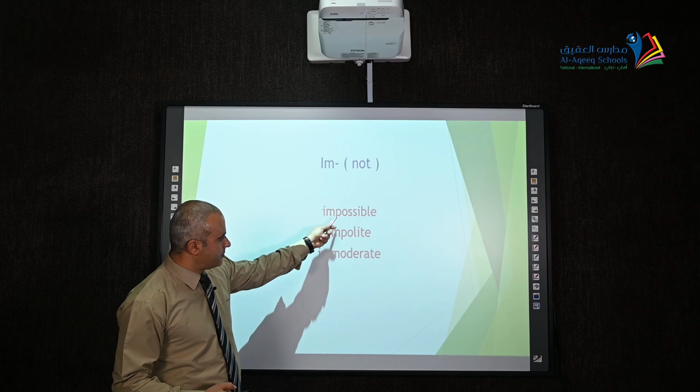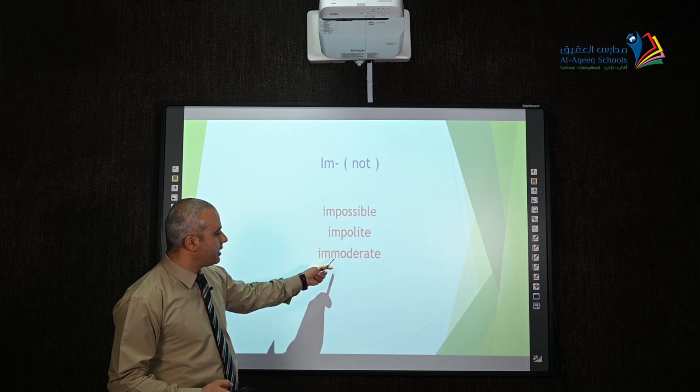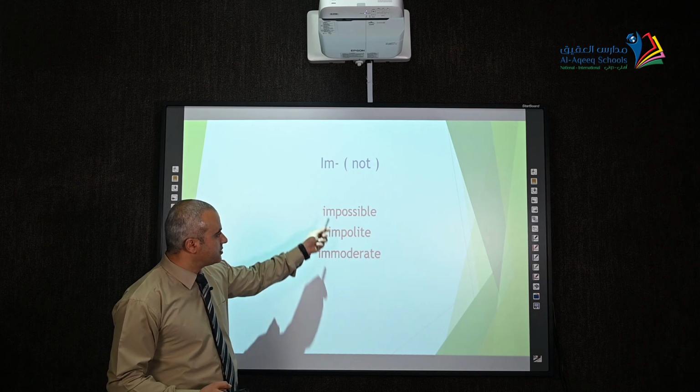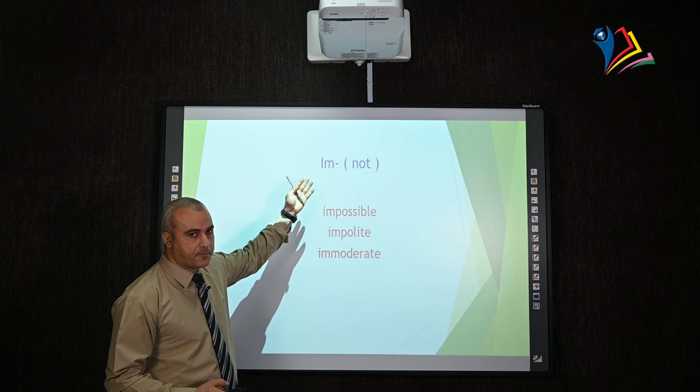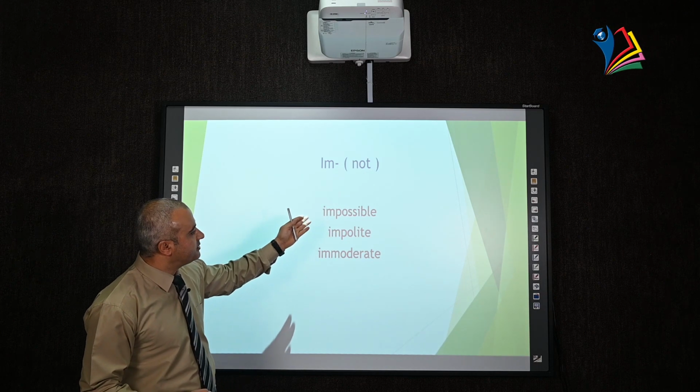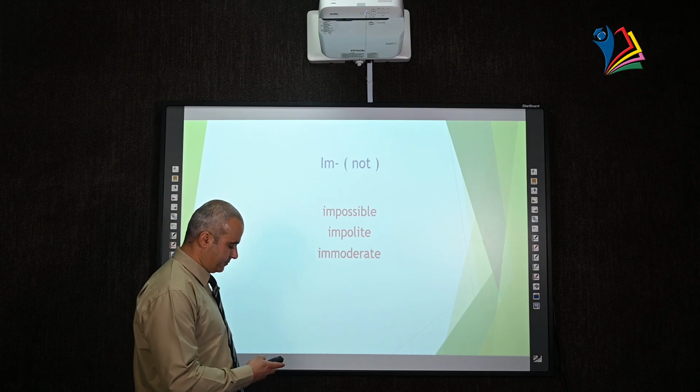Possible, polite, moderate. These word roots begin with the letters P or M.